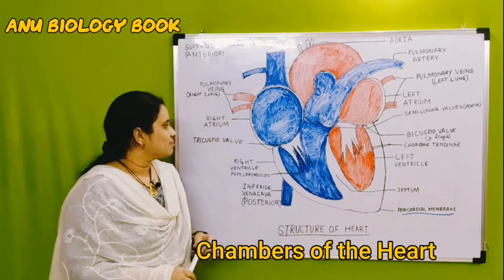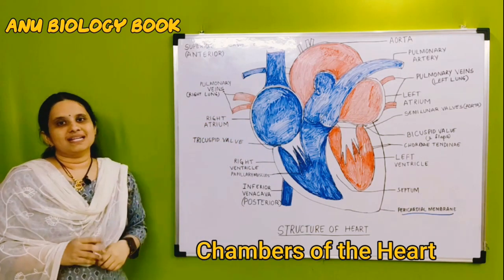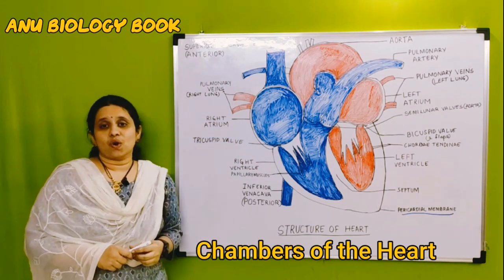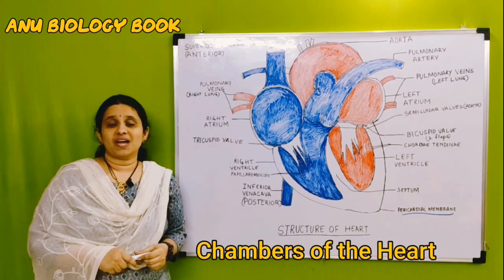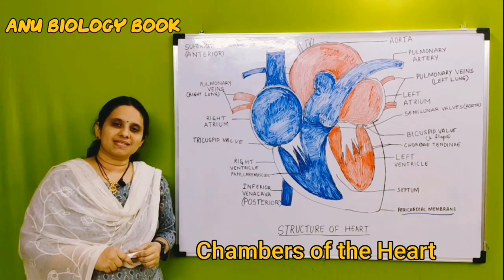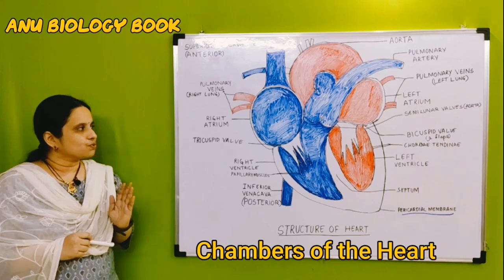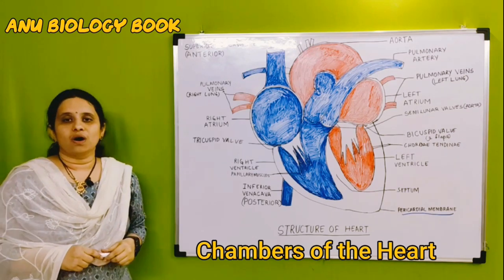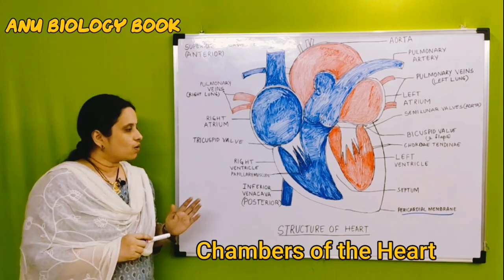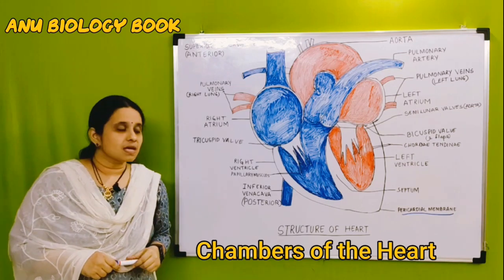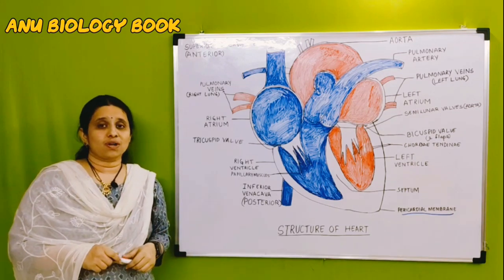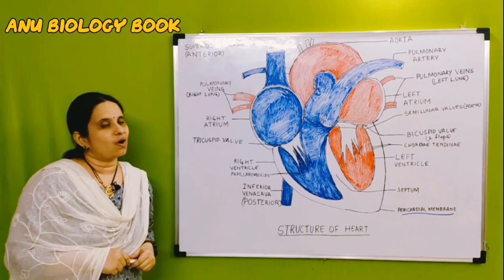Coming to the auricles, the auricles are also called atria. Atria is plural and atrium is singular. If you observe the walls of the auricles and the walls of the ventricles, the walls of the ventricles are always thicker than the walls of the auricles.